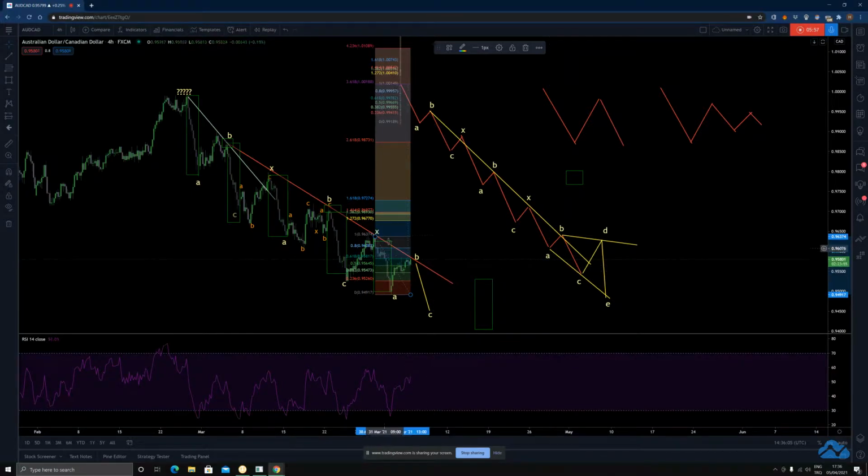In that case, this A, B, C, D, E, and all of them are corrective waves, and this C wave doesn't necessarily have to make a new low. So this is why you should wait a little bit more. What I would do personally, of course it's not financial advice, is wait a little bit more and see what the market is doing.